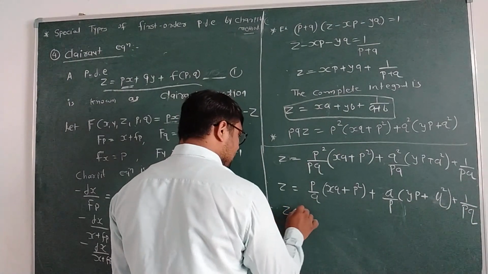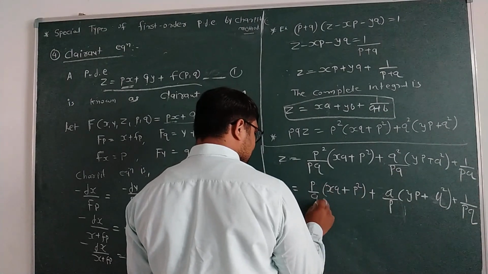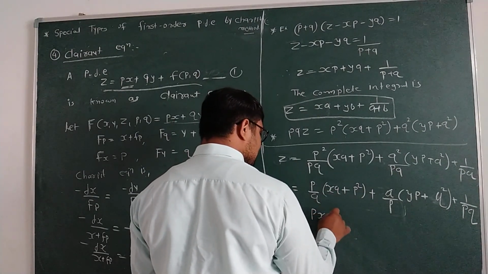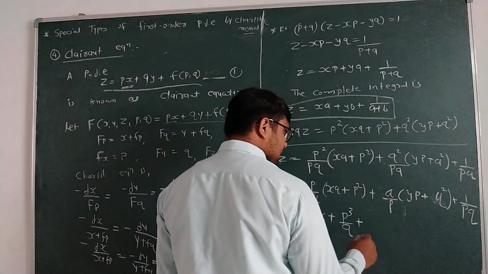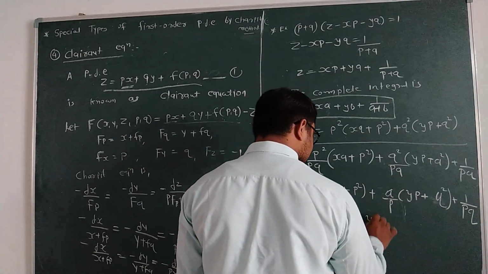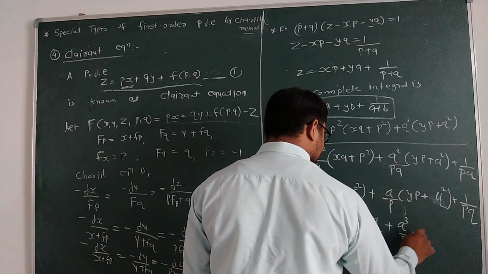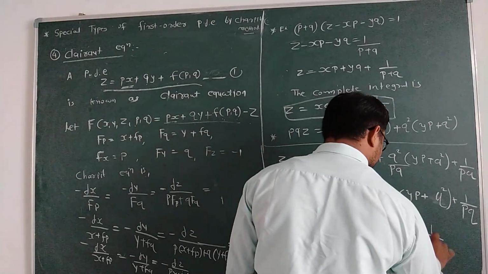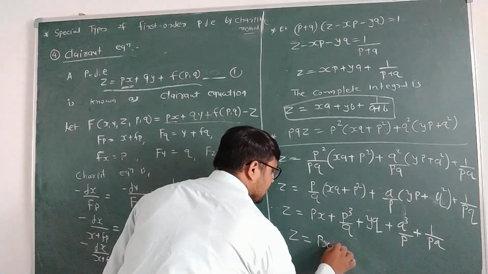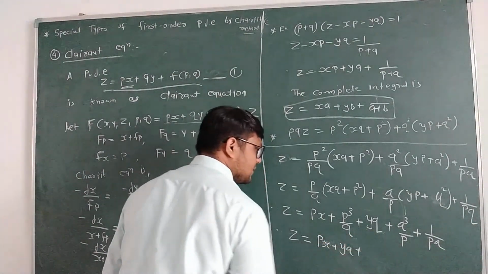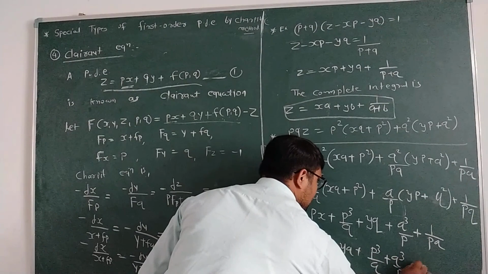So multiplying this p by q in the bracket, this q is cancelled out, we get px plus p cubed by q, and similarly here p is cancelled out, it's y plus q cubed by p, plus 1 over pq. Therefore z equal to px plus y plus p cubed by q plus q cubed by p plus 1 over pq.